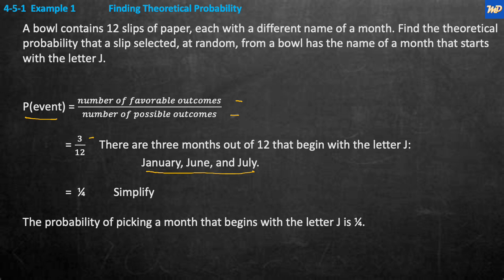And the 12 we get from the 12 months. So 3/12, simplified, is 1/4. So the probability of picking a month that begins with the letter J is 1/4, or 1 in 4 draws. That's the probability.